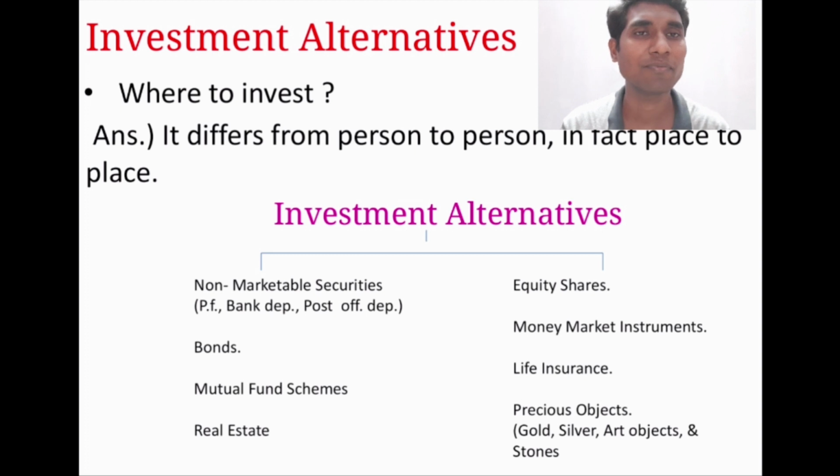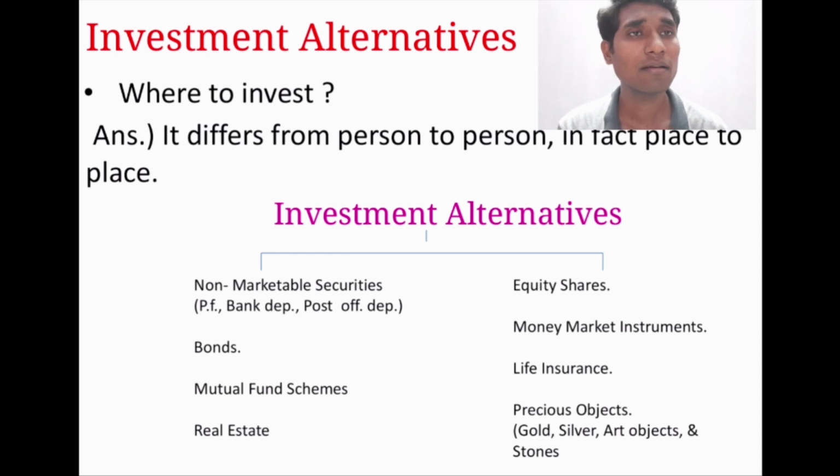You cannot market them. People also prefer to invest in bonds, debentures, mutual fund schemes, and there is a class of people who prefer to invest in real assets. People also prefer to invest in equity shares and money market instruments.